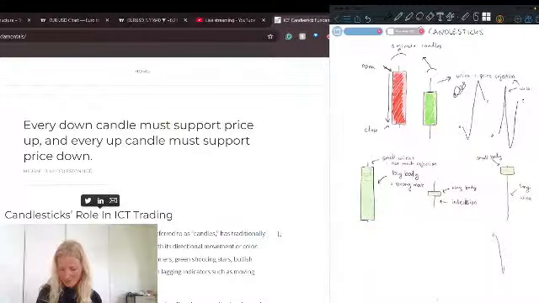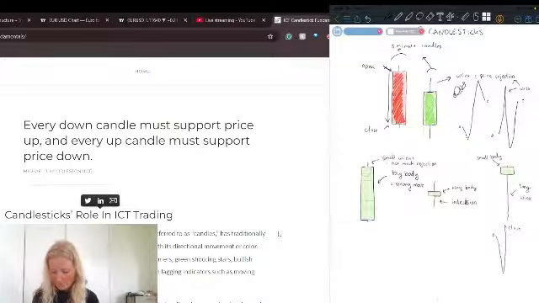And then the buyers stepped in and pushed it all the way up. And then it closed here. Okay. So a really long wick is a lot of buying pressure. Ooh. Okay, cool.